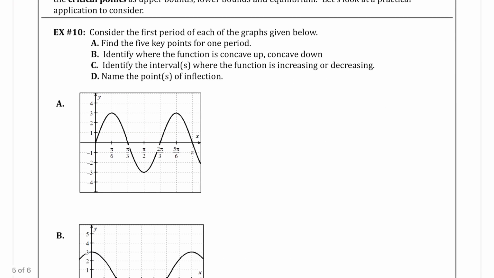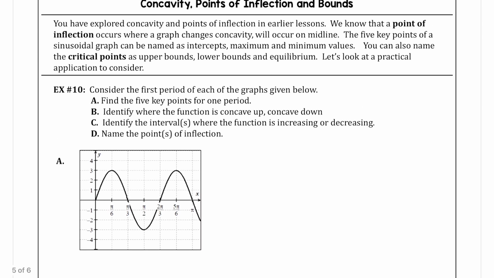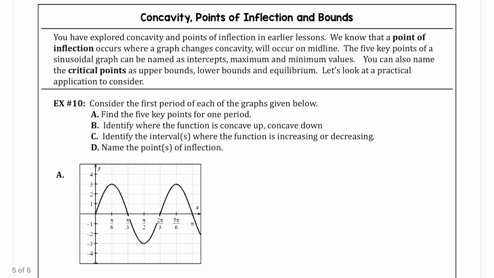Okay, now on to example number 10. We have 3 different questions here, but all asking the same thing. So we're going to consider our graphs given below, and we are going to find our 5 key points for one period. By key points, we're talking like maxima, minimum, intercept, things like that.